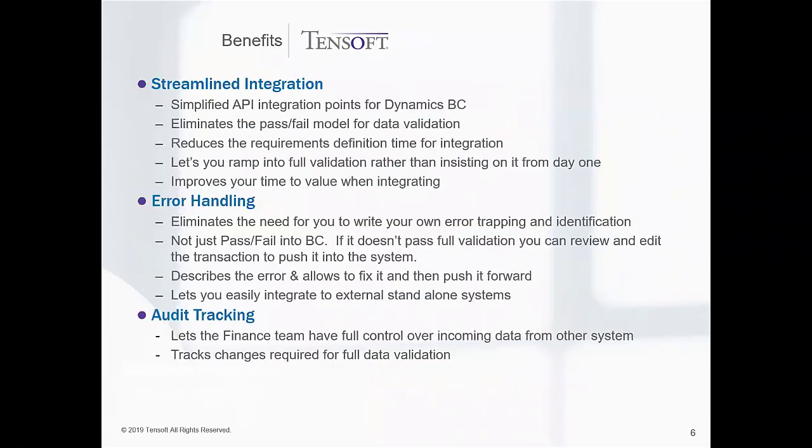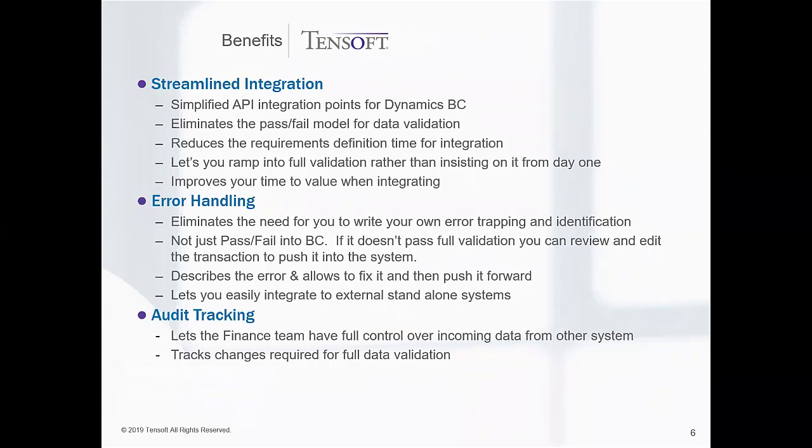In terms of the benefits, the streamlined integration. So we don't spend as much time building it out. We can do an easier target model. It eliminates the pass-fail model. A lot of BC integration APIs are really, is the data perfect? No, reject. Is the data perfect? No, reject.